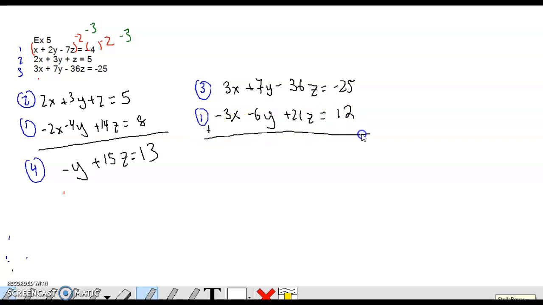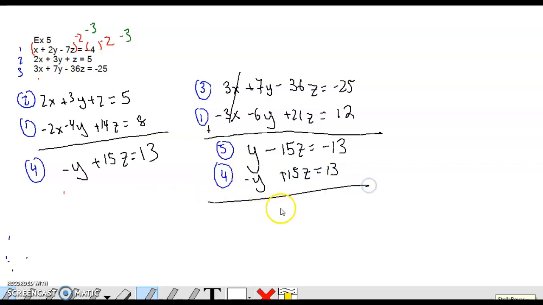All right, add them up just like I wanted. I wanted these to cancel out. So I'm going to get a positive y this time, and this is going to be a negative 15z, and this will give me a negative 13, brand new equation. Call that number 5, and notice that if I write the fourth equation right underneath it, these two are going to cancel each other out, leaving you with 0 is equal to 0.